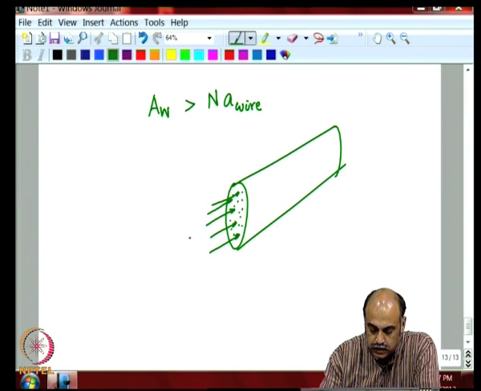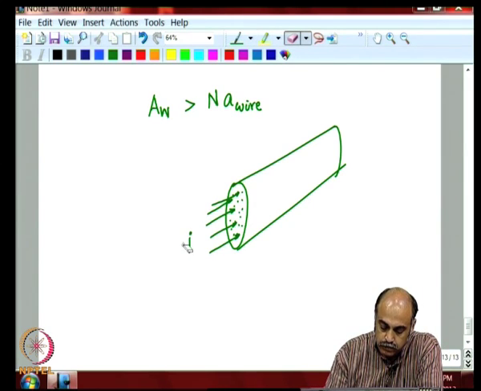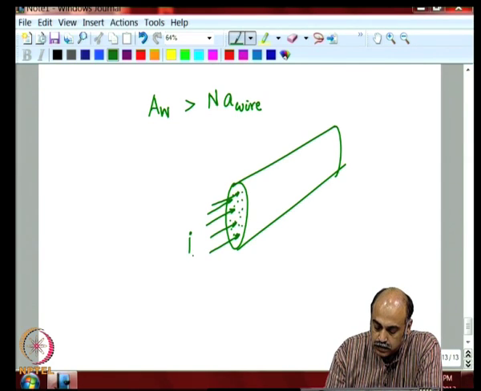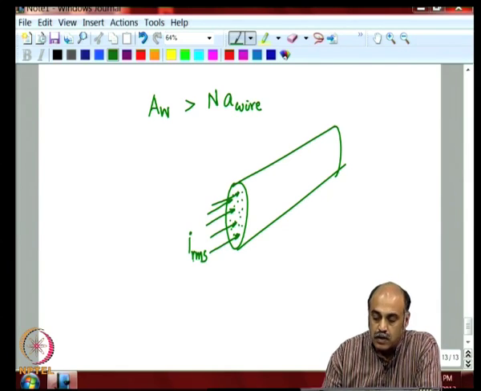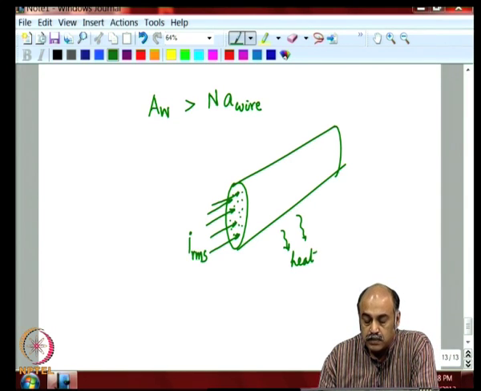So, the current I which flows through, now, there is this RMS component of the current which causes heat to be dissipated in the copper conductor.